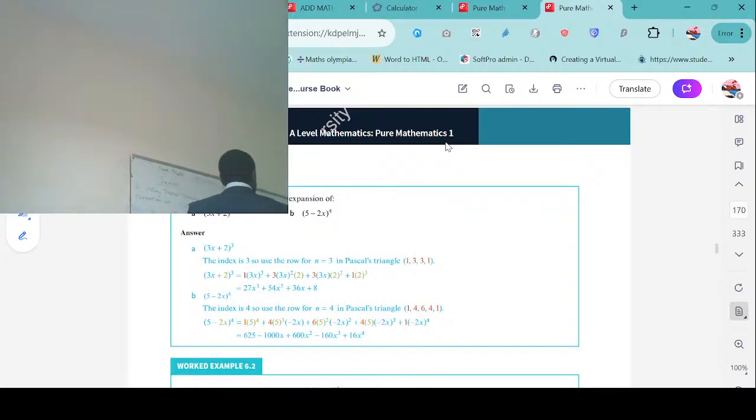So 500 times negative 2 will give us negative 1000x, plus 5 squared is 25.